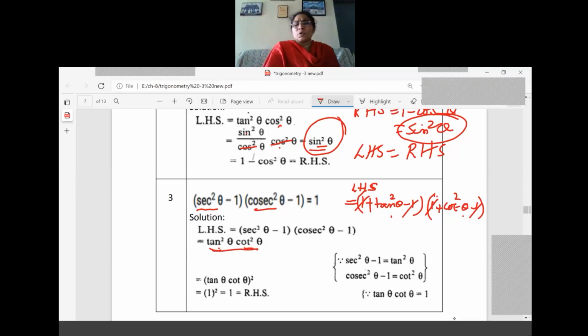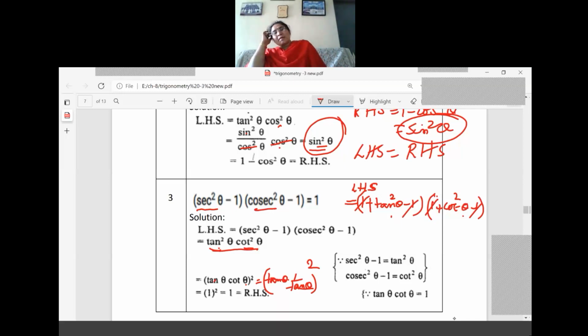Now there is no issue. Square, how we can write? Tan theta into cot theta whole square only. Right? So tan and cot, what is the relation? The reciprocal relation. So here what happens? It is equal to tan theta into 1 by tan theta whole square. So tan and tan will get cancelled. So 1 square will come.